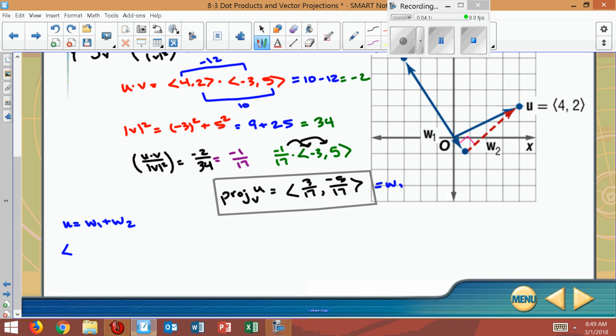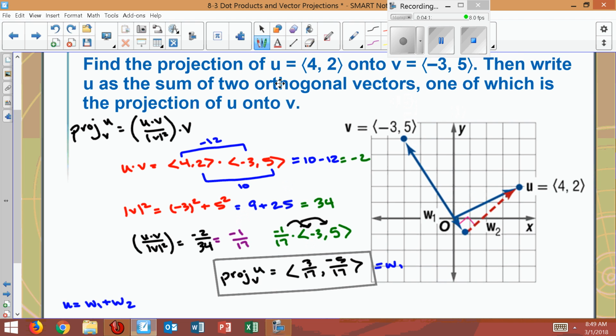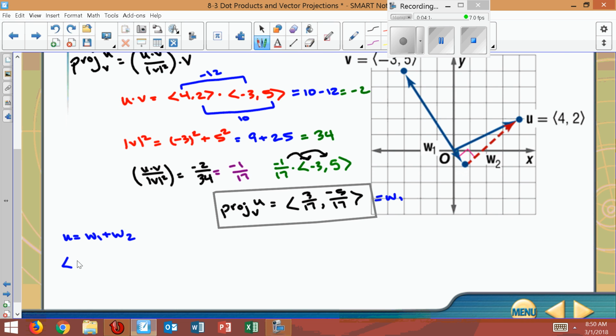We know what u is. U is the vector 4, 2. And we know what W1 is now, 3 over 17, comma, -5 over 17. And so this would be our algebraic expression here. And to solve, we would just subtract this over.